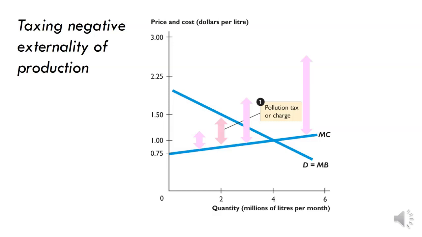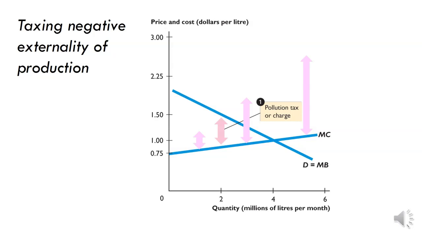If you produce a small amount where there's a small external effect, we're going to charge you a small tax equal to the size of that external effect. If you produce a lot where there's a large negative external effect, we're going to charge you a large tax equal to the size of that external effect.